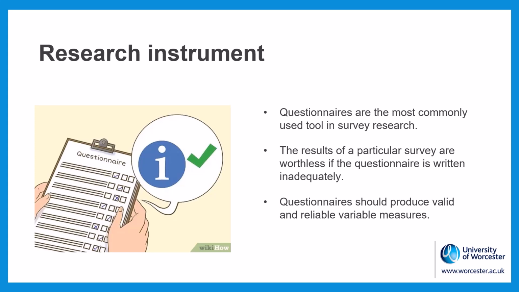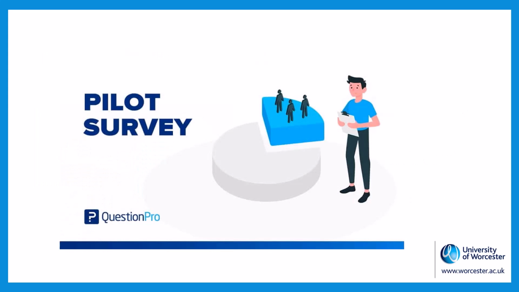Questionnaires should produce valid and reliable demographic variable measures and should yield valid and reliable individual disparities that self-report scales generate. A pilot survey must first be conducted to test both the instrument and the survey procedures before the actual survey is conducted.